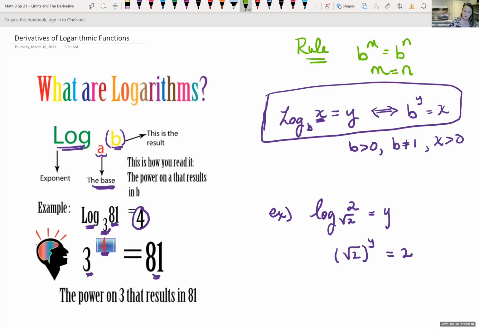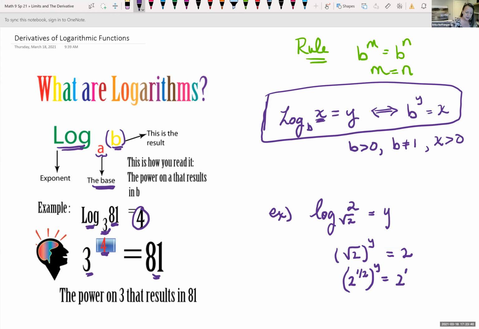So we can manipulate both sides to look like each other. Let's first rewrite square root of 2 with an exponent. We've been doing this when we took derivatives with radicals, rewriting them in equivalent exponential form. So this is 2 raised to the 1/2, to the y, equals 2. And this 2 is raised to the 1st power, it's just not shown.